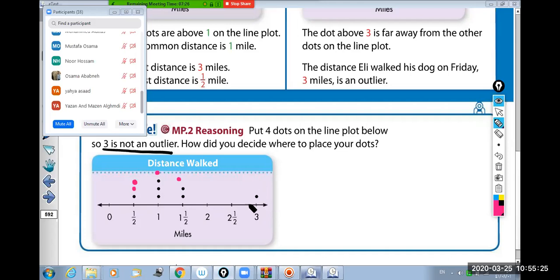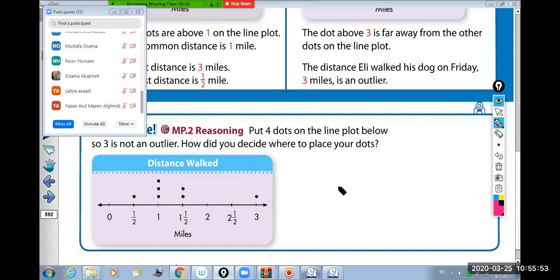Still an outlier. So where do I put the numbers? Where do I put the 4 dots to make the 3 not an outlier? Do I put it here?